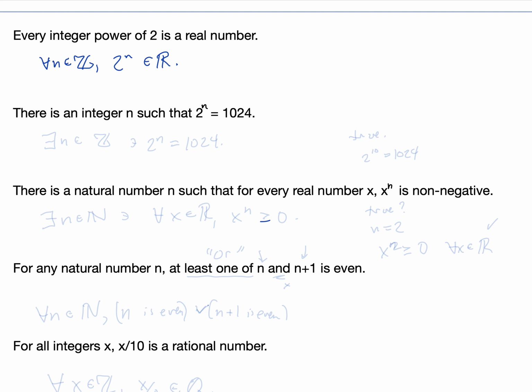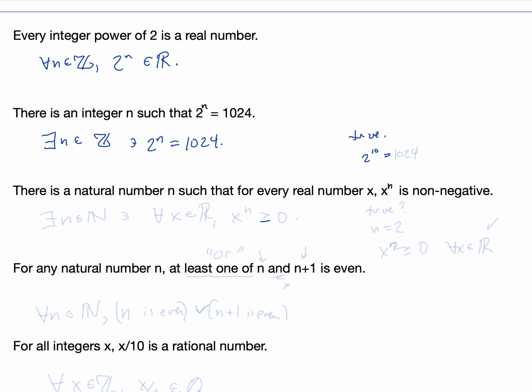That's how we could write that statement, and that is a true statement. Next, there is an integer n such that 2 to the n is equal to 1024. There exists an n in the integers such that 2 to the n is equal to 1024. This happens to be a true statement.